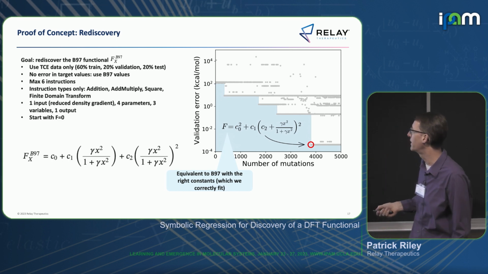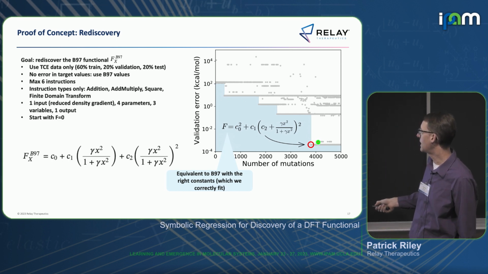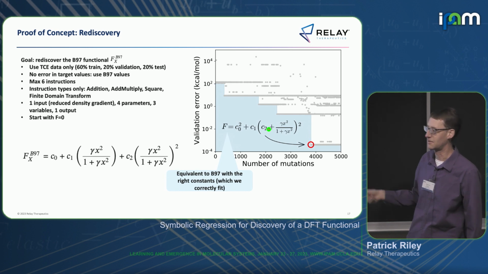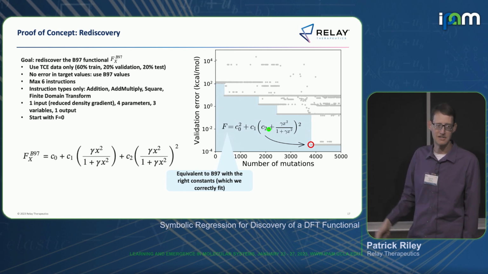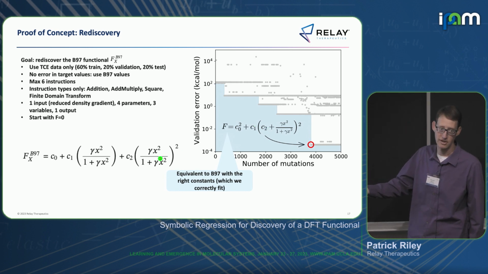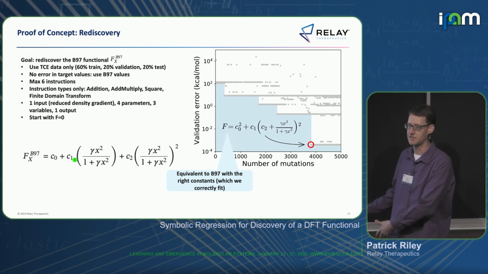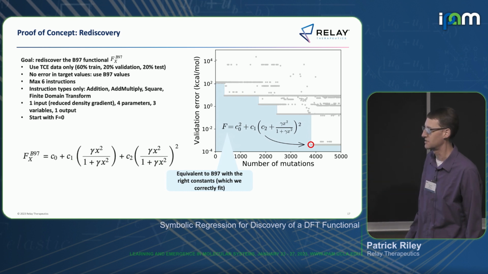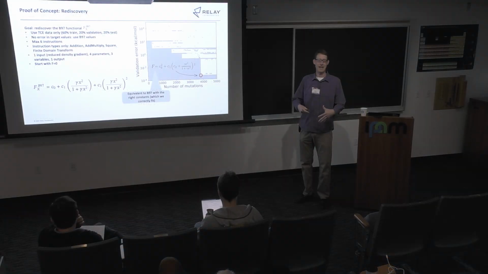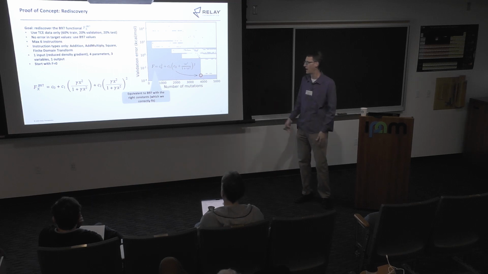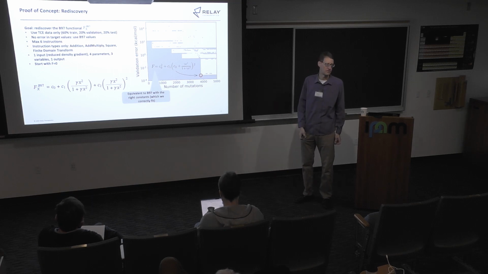Down here at just under 4,000 operations, we find this form, which, if you expand the squares and move around your constants, is exactly the same as this one with different constants, and we fit exactly the right constants using CMA-ES. So this says the symbolic regression system can find a form. The regularized evolution does work when I have a fairly simple problem for it to rediscover.